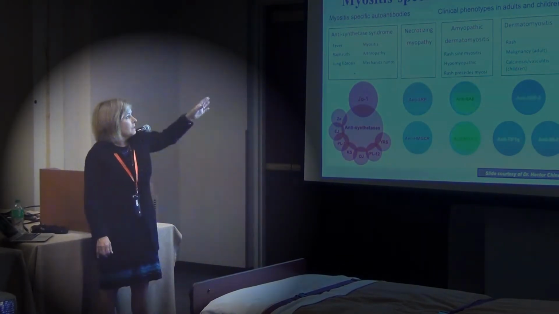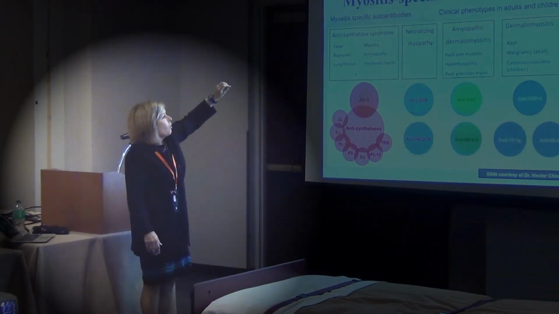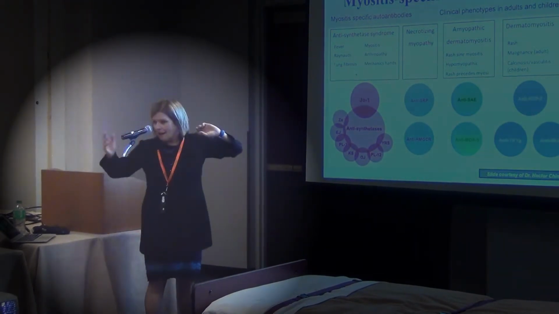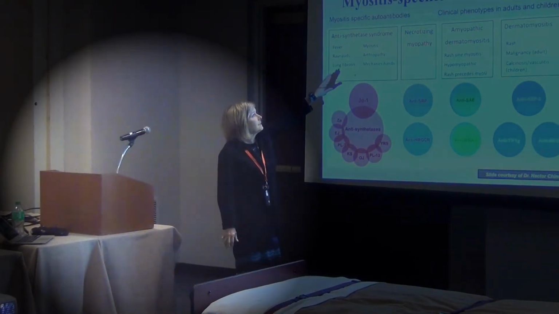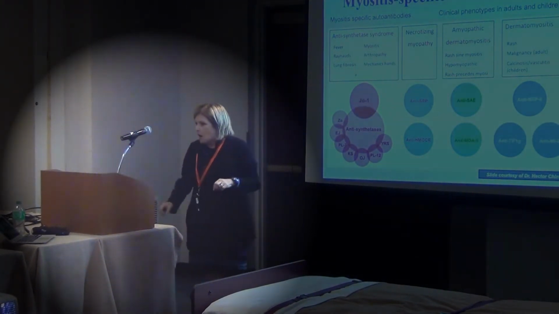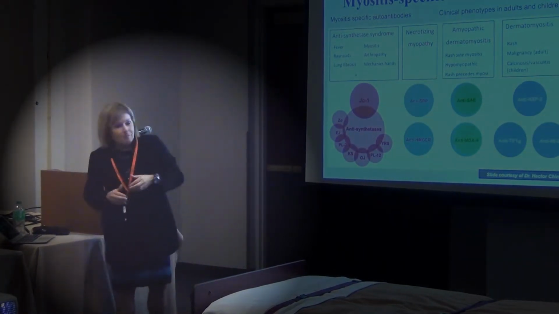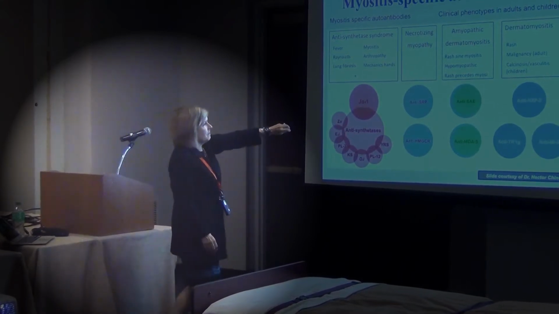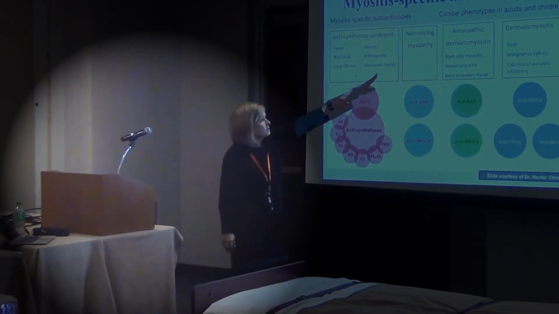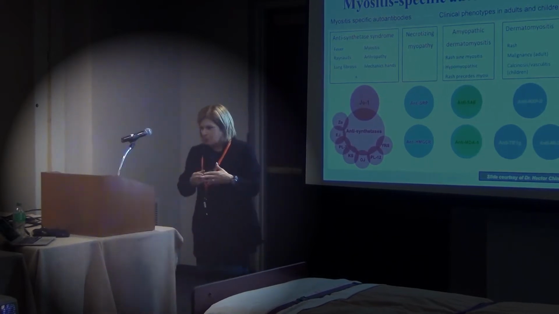So this is talking about many of the different antibodies that we see here on the bottom. And what we've tried to do is put them into categories. One category you heard about that we now use is called antisynthetase syndrome. Those patients can have classic dermatomyositis or polymyositis, but they have very similar symptoms. Then there's what we call necrotizing, where you have very little inflammation, but there's muscle breakdown.